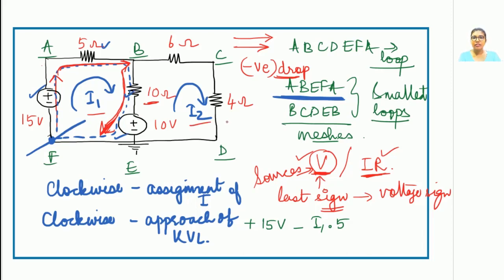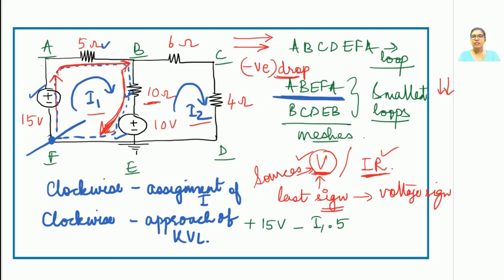So how do you write this thing? First thing is your analysis is going from B to E. At the same time, the current flowing through this branch is also flowing from B to E from I1's point of view. Do not take into consideration I2 now, because we are considering the first loop. And since you are considering the first loop, you should take into account only that current which is flowing through that loop.